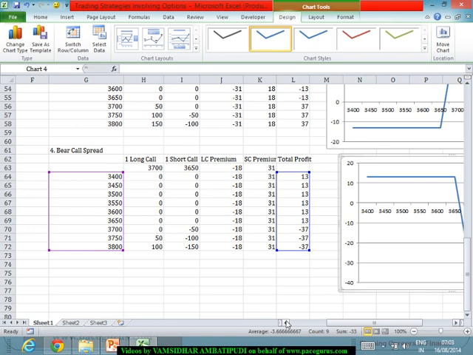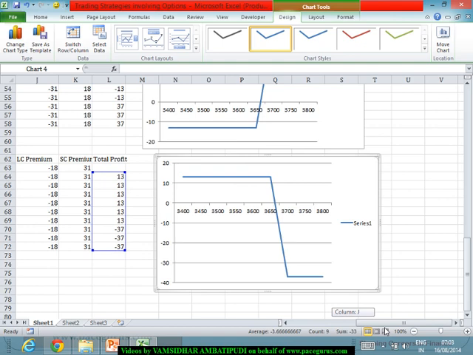So the net is going to be a cash inflow in the beginning itself, right? And anyhow, if the stock price is increasing, there is a loss, but the loss is capped only to the extent of 37. It's not going beyond 37 in any case.